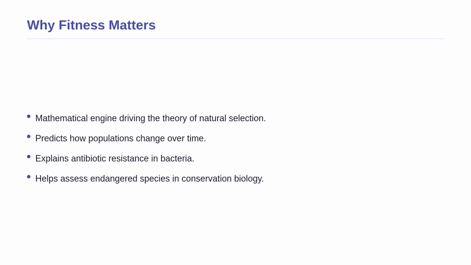You might wonder why we need to be so precise about this. Understanding the concept of fitness is absolutely crucial because it is the mathematical engine that drives the entire theory of natural selection. Without a way to measure fitness, we could not predict how populations change over time.